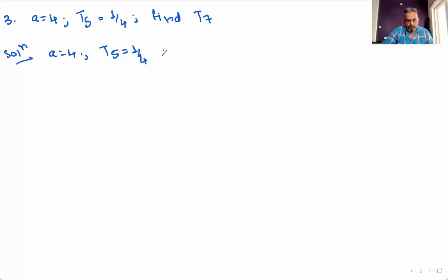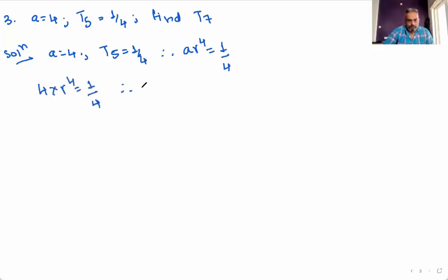So therefore A into R raised to 4 is 1 by 4. Now we have to find T7. Now A is equal to 4. So we will take 4 into R raised to 4 is 1 by 4.